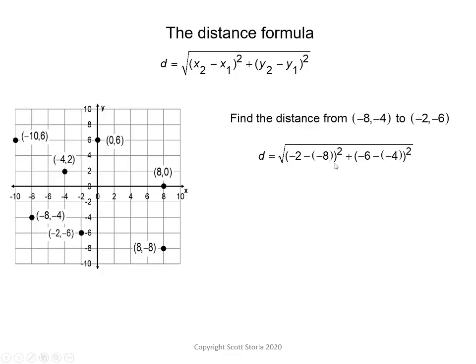Then when I simplify inside these parentheses, it's going to be -2 plus 8, which will be 6, and -6 plus 4, which will be -2. And then I'll square and add, and I'll find the distance is the square root of 40, or approximately 6.32.